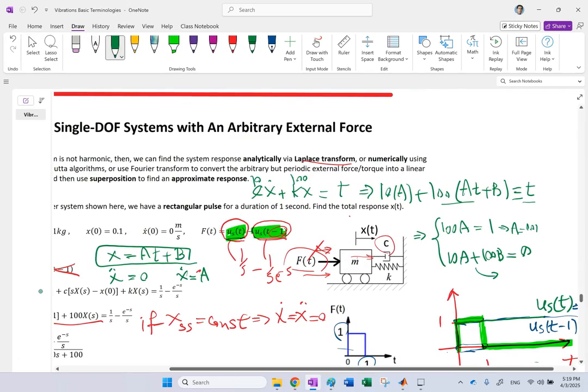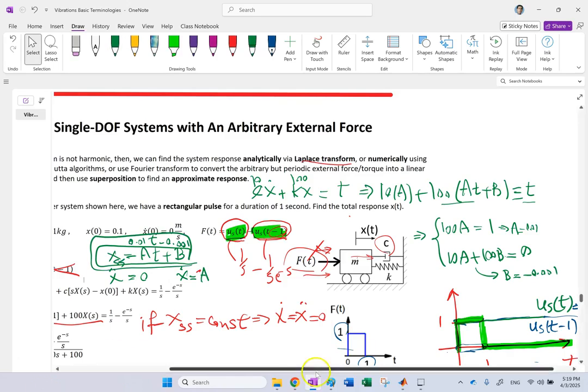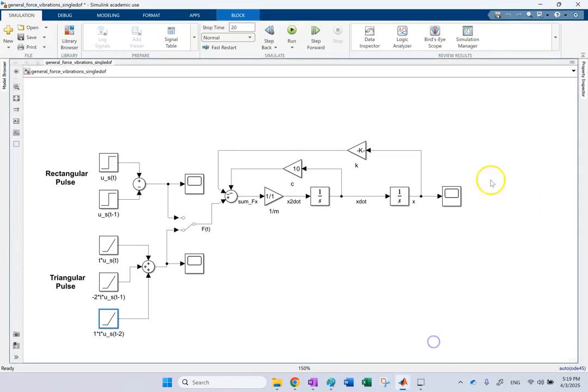And if you plug it here, that is going to give you 0.1 plus 100B equals 0, so B is going to be negative 0.001. Okay, so your behavior should be like 0.01t minus 0.001. That's the kind of steady state response that you should expect. And that was exactly that line that you saw here in x of t. This guy here.